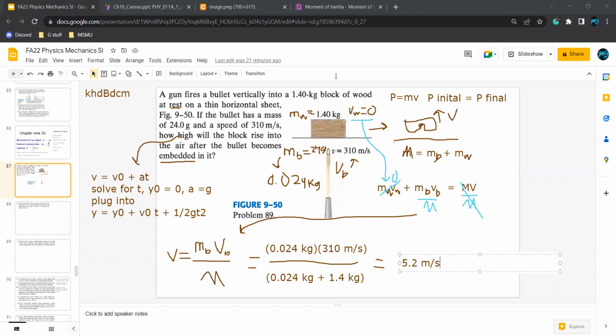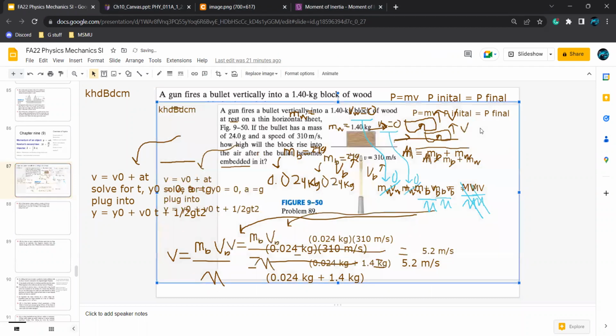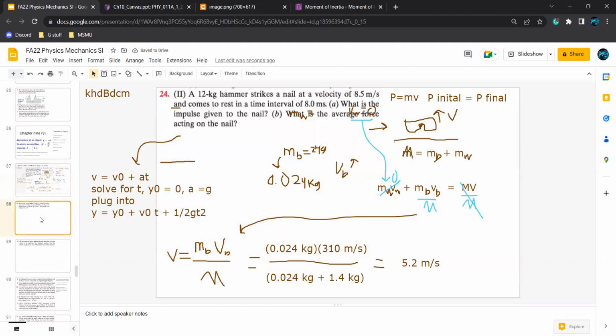Right, because the kilograms are going to cancel out. Cool. Let me go ahead and take a screenshot of this. Right, next one.